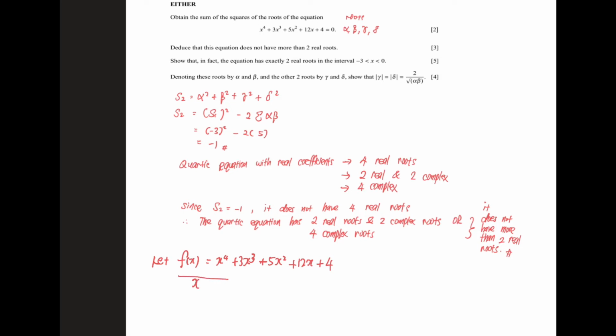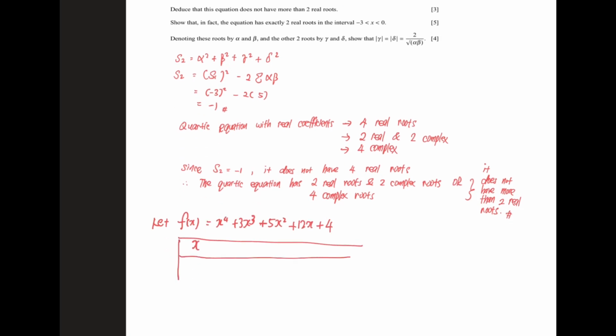I build a table from -3 to 0. Then I just substitute all these values into the quartic polynomial, as you can see here. For -3, I substitute into the x's here, so I will get 13. I substitute -2, I will get -8, then -5, and 4.